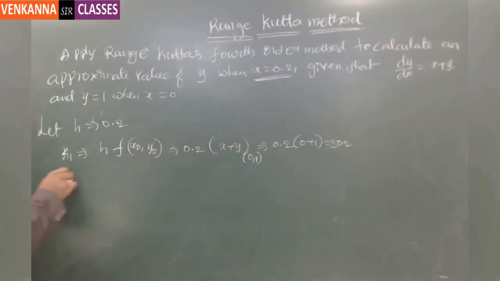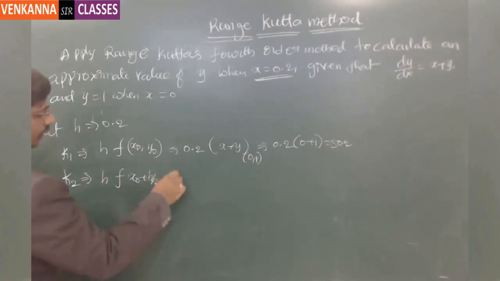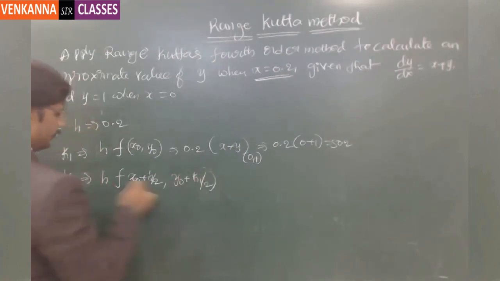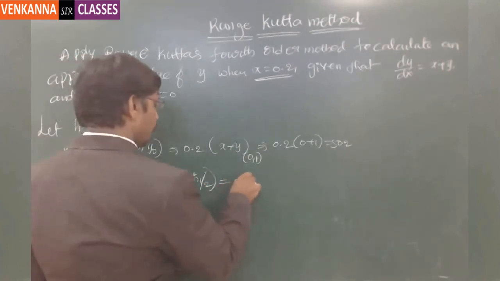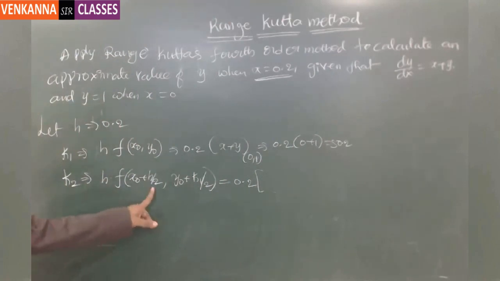Now k2 value is h times f of x naught plus h by 2 comma y naught plus k1 by 2. So h is 0.2, and for x plus y, this is x naught plus h by 2.